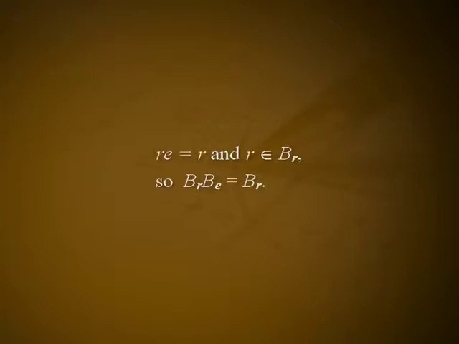Similarly, in computing BR into BE, we choose R belongs to BR and E belongs to BE. Then R into E is equal to R and R belongs to BR, so that BR into BE equal to BR. Thus, we have shown that BE into BR is equal to BR, which is equal to BR into BE for any cell BR. Thus, BE must act as the identity cell in our group of cells.